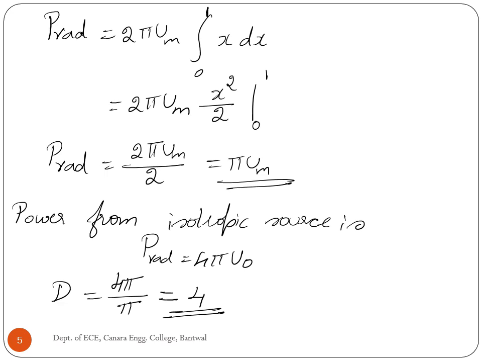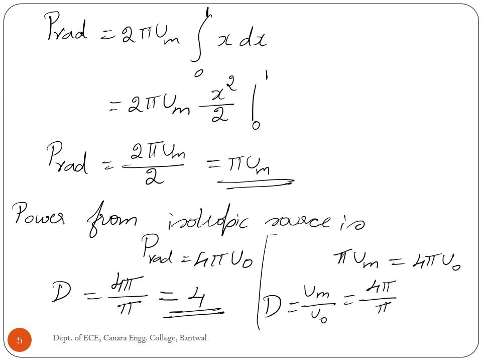This is the exact directivity for the given pattern. When you equate the radiated power pi Um and 4 pi U naught, the remaining terms are 4 pi divided by pi, which is equal to Um divided by U naught, which is the directivity. Since this is equal to 4.